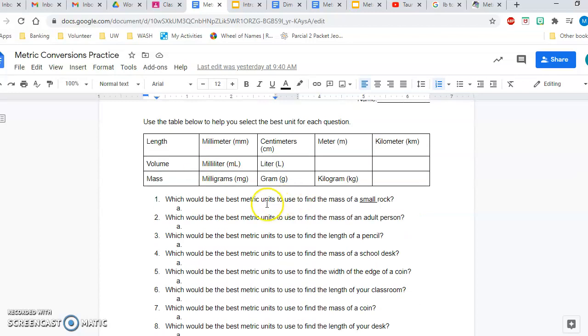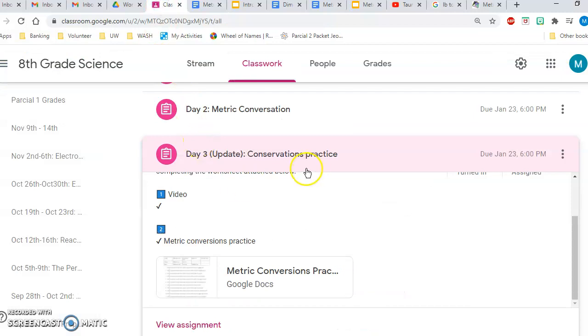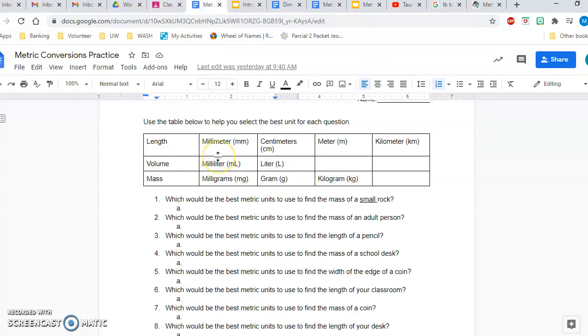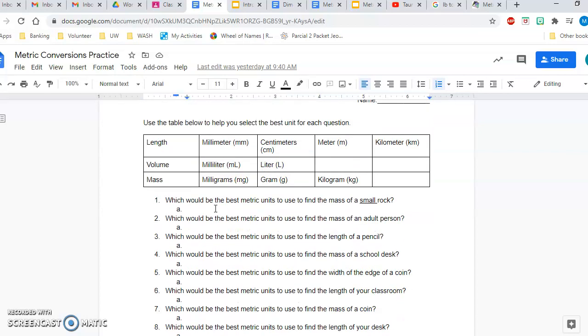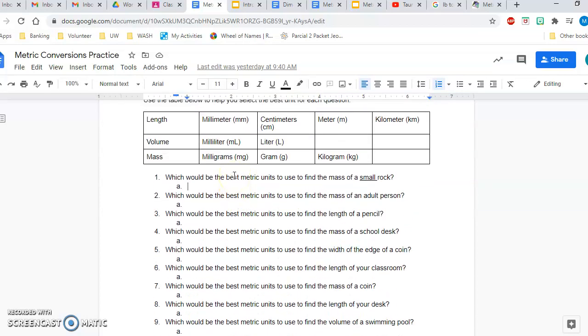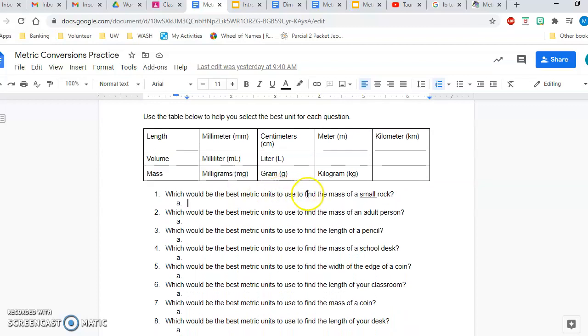We'll also talk through this really quickly. This was practice that we did on our Zoom call the other day, but I just wanted to remind you guys. The first part of this worksheet has you going through and labeling what would be best. For example, we said that the mass of a small rock would likely be best measured in grams.